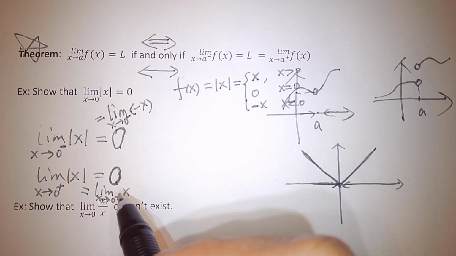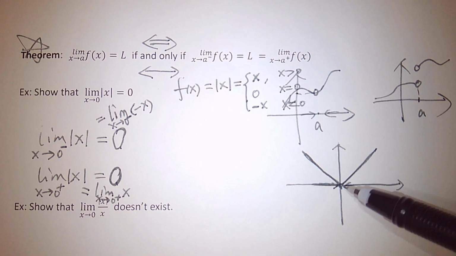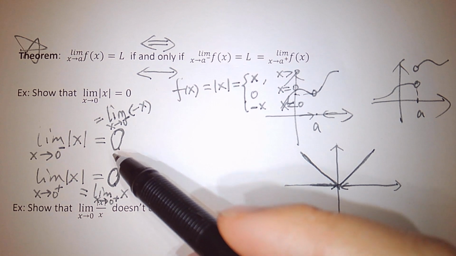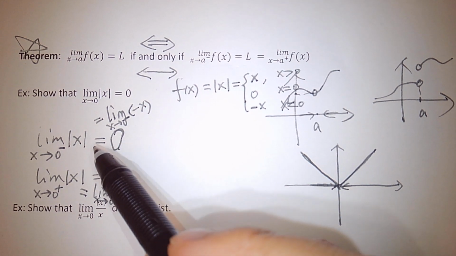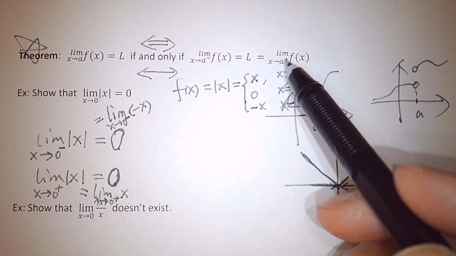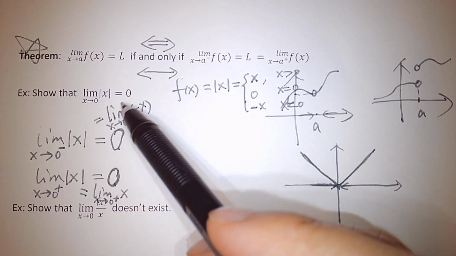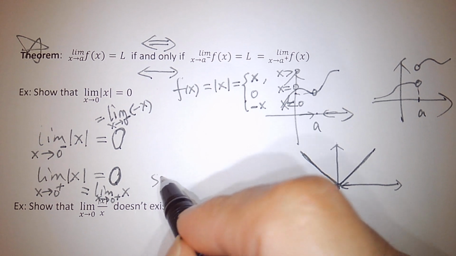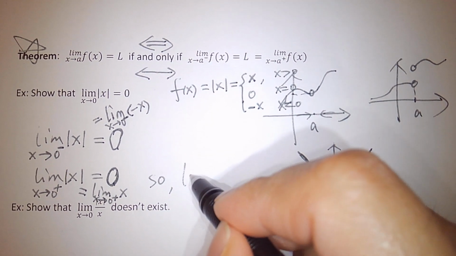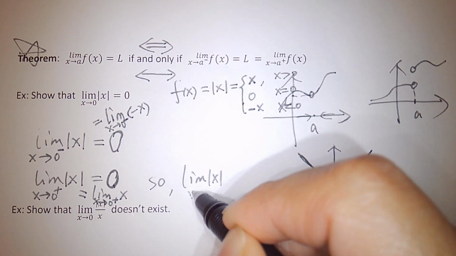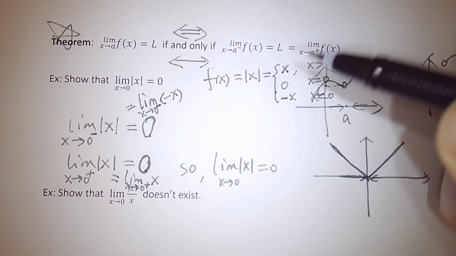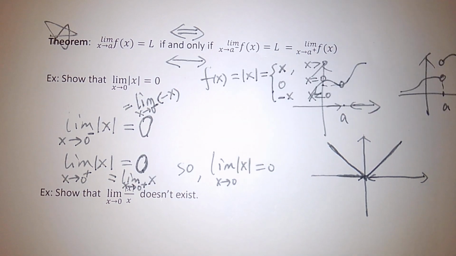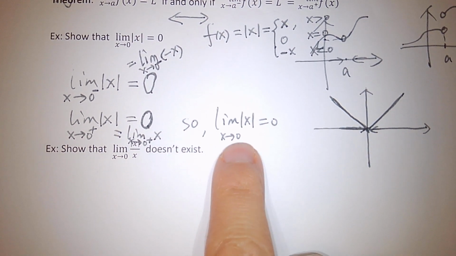Either from the graph or in this more mathematical way. Because both one-sided limits equal 0, we say this entire limit equals 0. Thus, the limit of the absolute value of x when x approaches 0 equals 0.